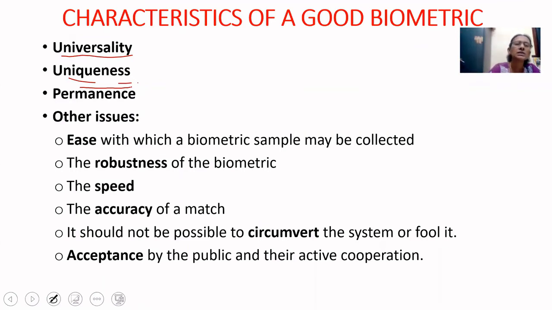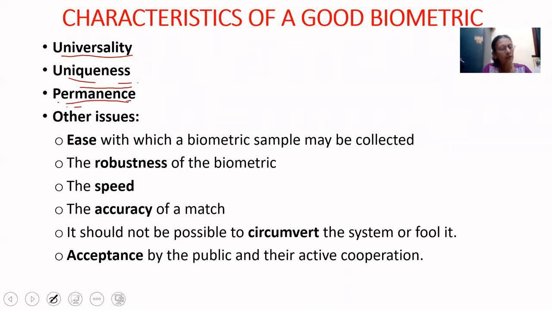Next is permanence. Whatever biometric you are taking should be a permanent one. For example, the fingerprint is mostly permanent. You may take a sample now and verify it after 10, 20, or 30 years, and the biometric sample should not vary. Then we say that it is permanent.